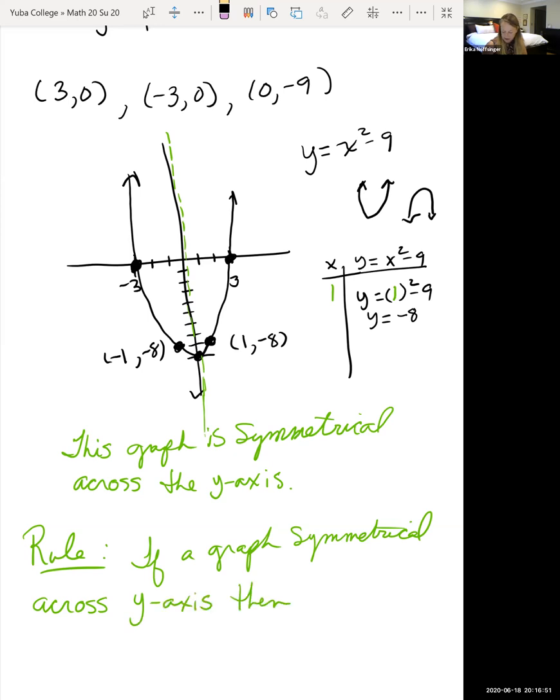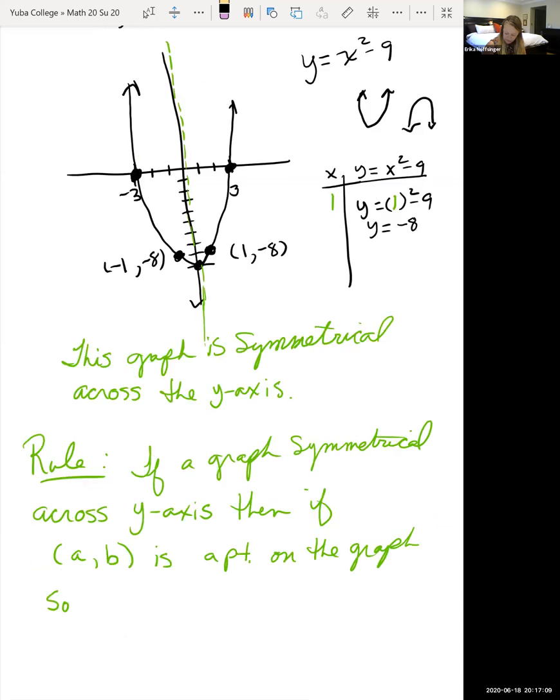Then if, maybe we can call it a, b, if a, b is a point on the graph, so is negative a, comma b. Another way to think of it is, if x, y is on the graph, then we also know negative x, y is on the graph.